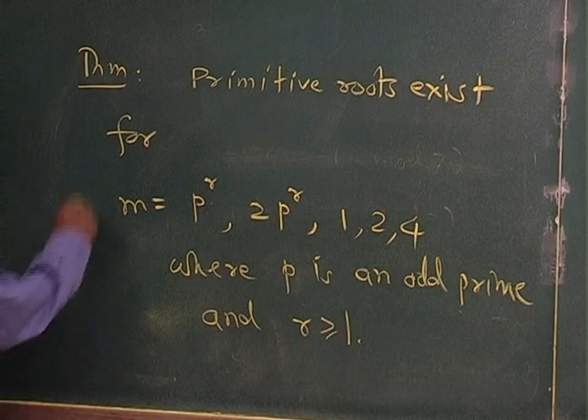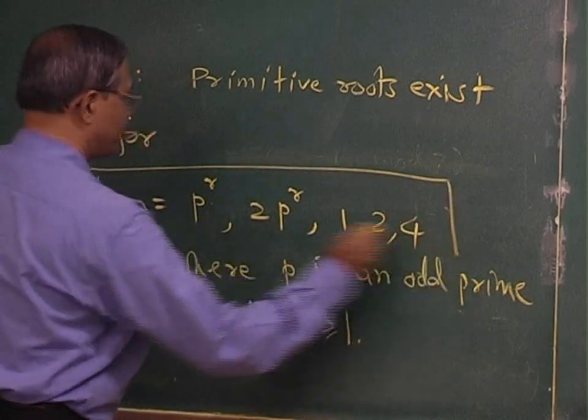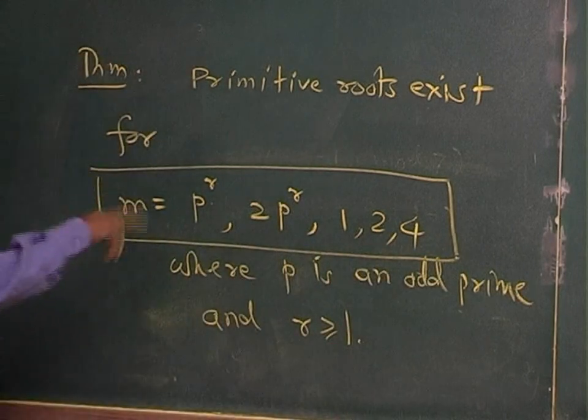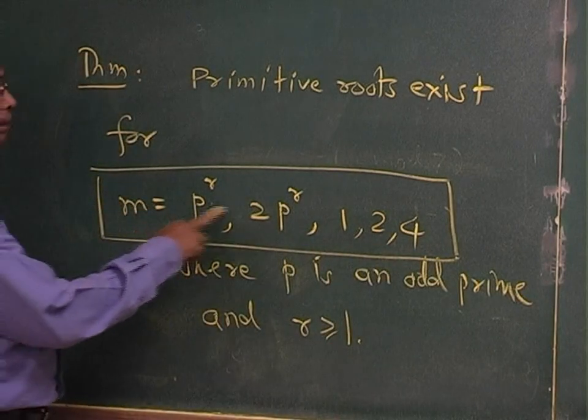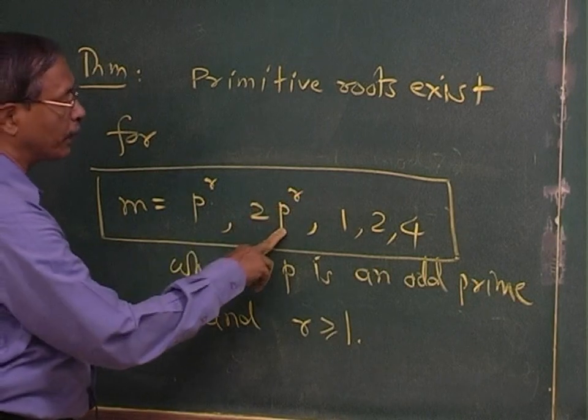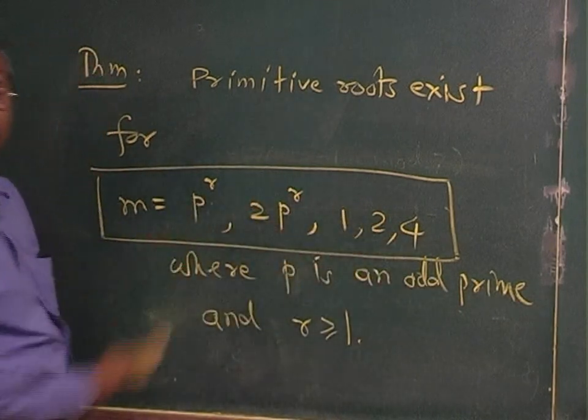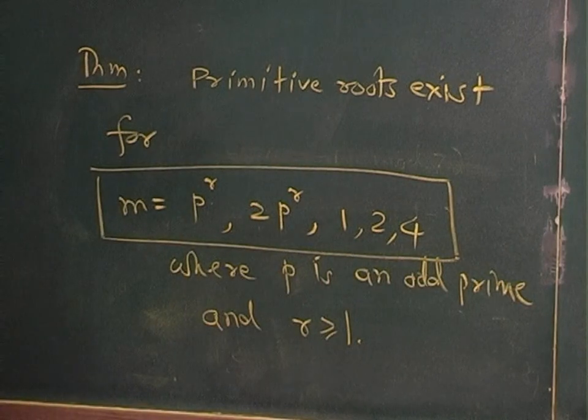These are the values of m for which a primitive root exists. Powers of an odd prime, 2 times a power of an odd prime, and of powers of 2 only 2 and 4. 8 does not have a primitive root.